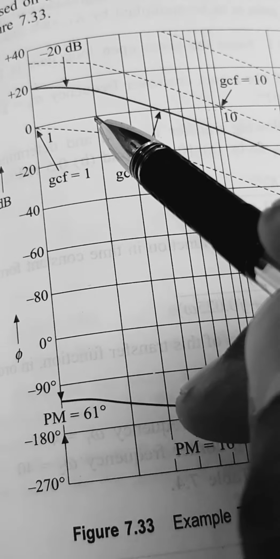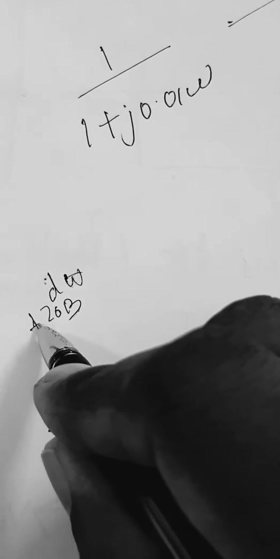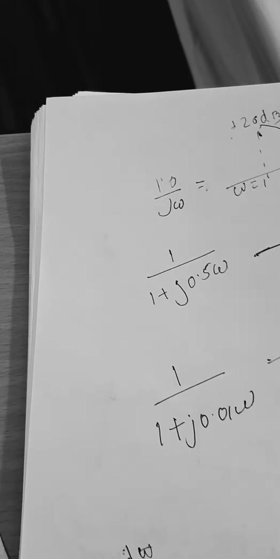At omega equal to 1, it starts from plus 20 dB.